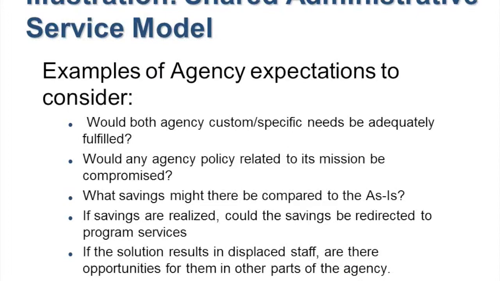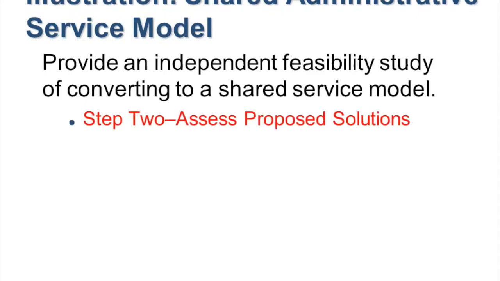It's just that their requirements are greater because they may not have enough capacity. So by allowing people to move around as structure changes, being dictated by managed care changes, sometimes that's something good to think about doing. So these are examples of agency expectations that we would want to consider.